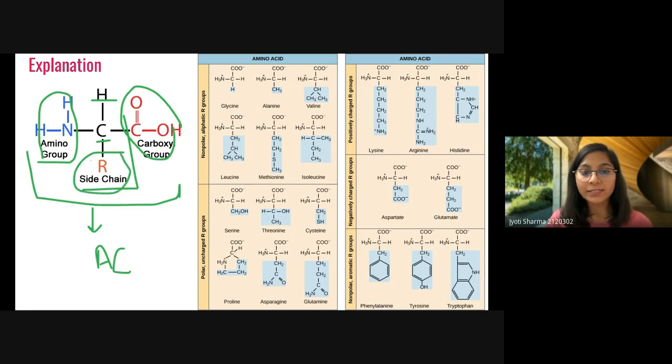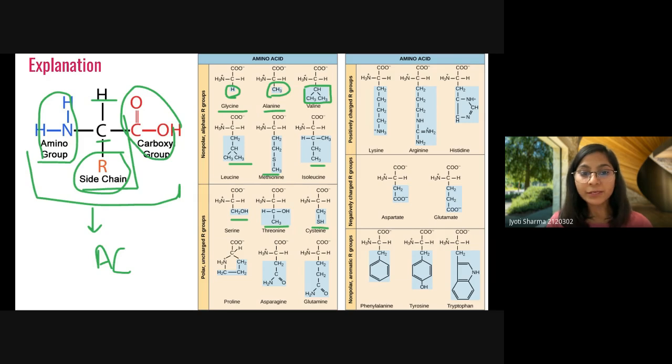If R is H, then this amino acid will be known as glycine. If this R is CH3, then this amino acid will be known as alanine. Likewise, if we change this R component, replacing it with some other carbon and hydrogen structure, then this will give you a different kind of amino acid.